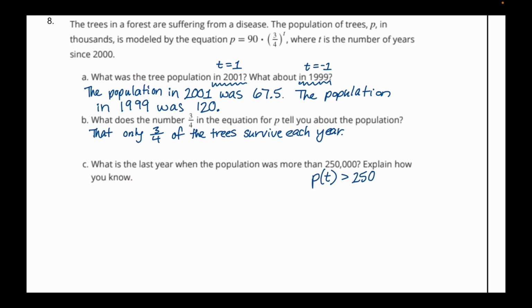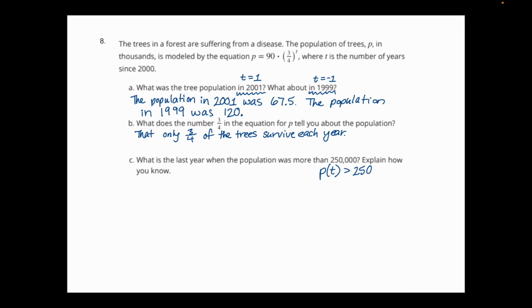So I'm going to make a little table, maybe even off to the side, and just say that this is going to be t, and then the population at t. So I said -1 was 120, -2 was 160. Let's do -3.